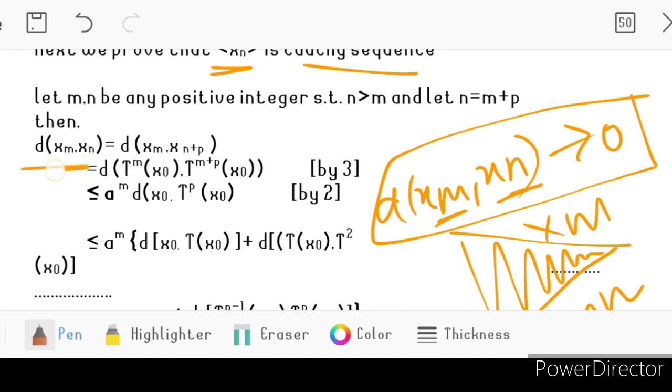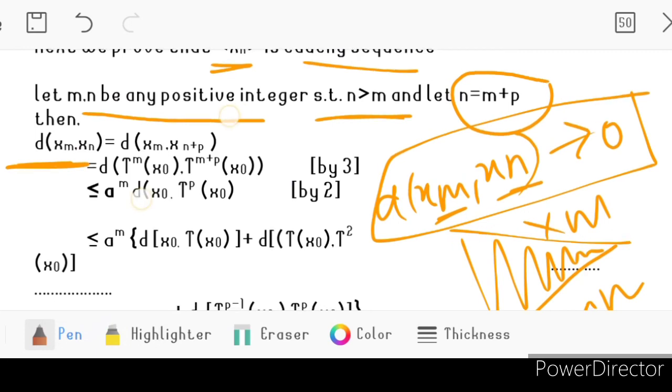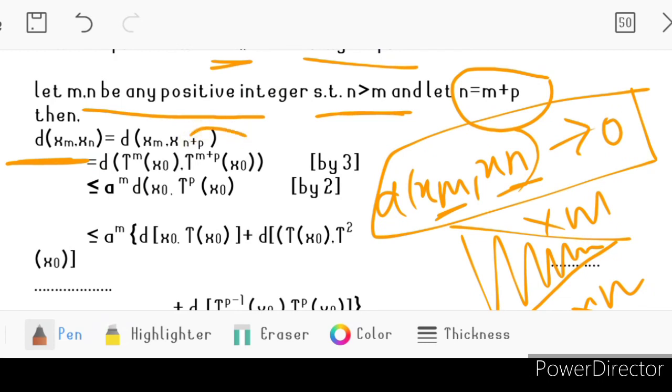Now we took the distance between xm and xn on the right hand side, where m and n are positive integers such that n is greater than m, and if n is greater than m, we can let n equal m plus p, means that we have just added the difference so that we can replace n by m plus p. In the next step, here it will be m plus p. There is a correction. We have to write the distance, and instead of this n we will replace the value of n, that is m plus p.